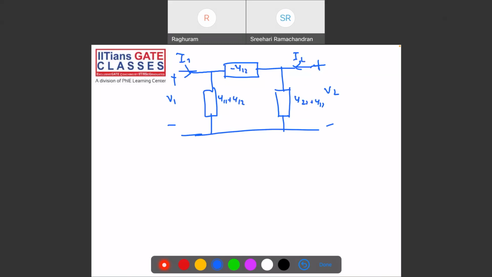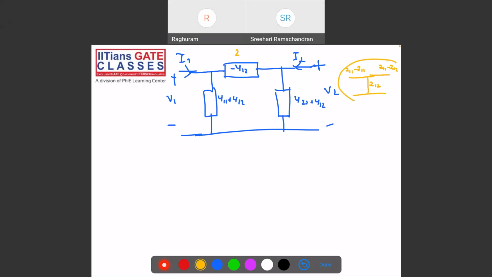In case of Z parameters, what is the difference? This is my T. The T will have Z12 here, Z11 minus Z12, and Z22 minus Z12. This is T and this is pi. So you can get these in terms of duality.